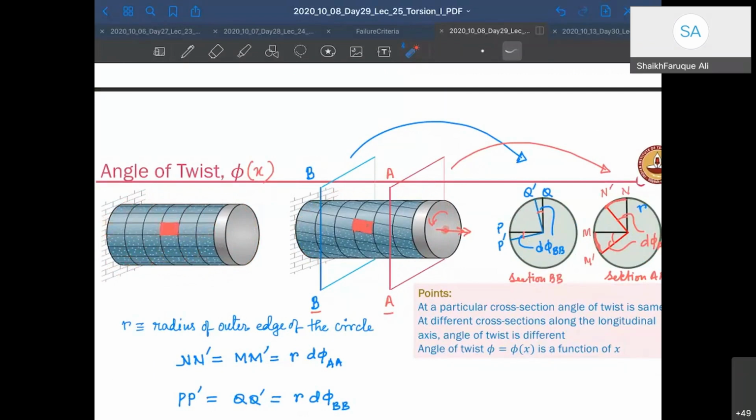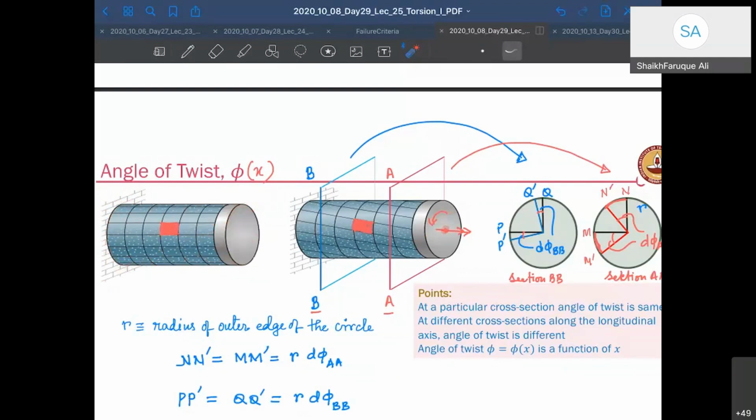Now, after twist, if I give a twist in this direction, the wall where it is fixed will not have any deformation or twist, because that is fixed. But this side is free, so when you twist, it is supposed to move according to the twist.